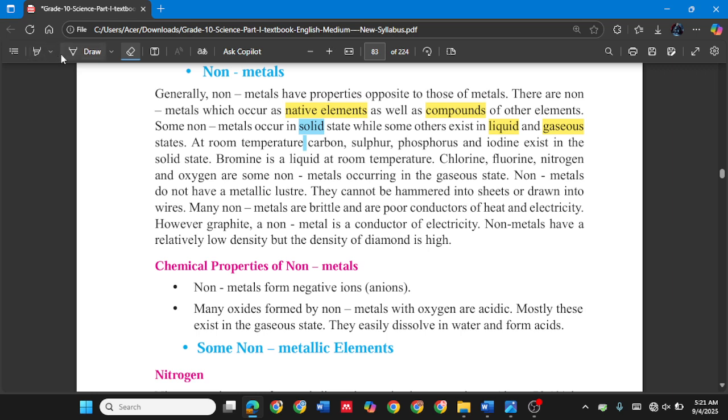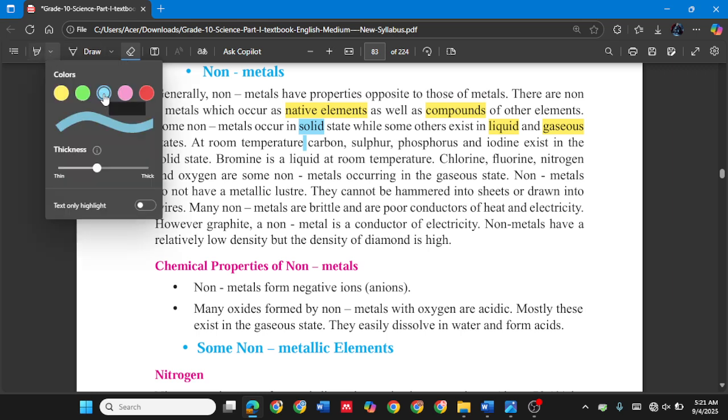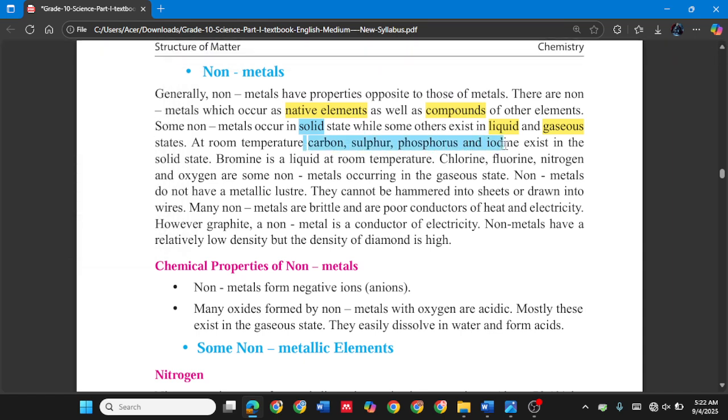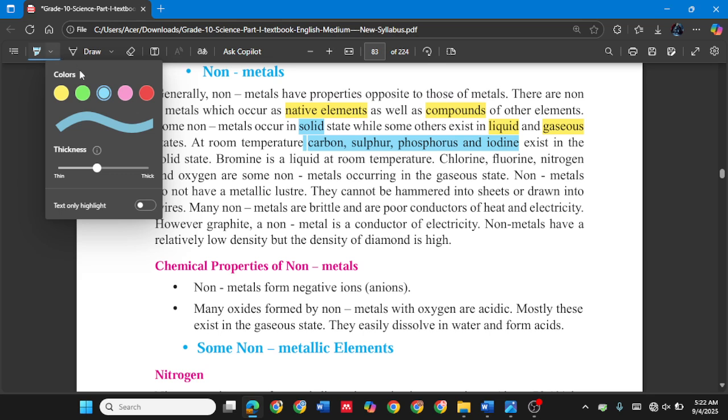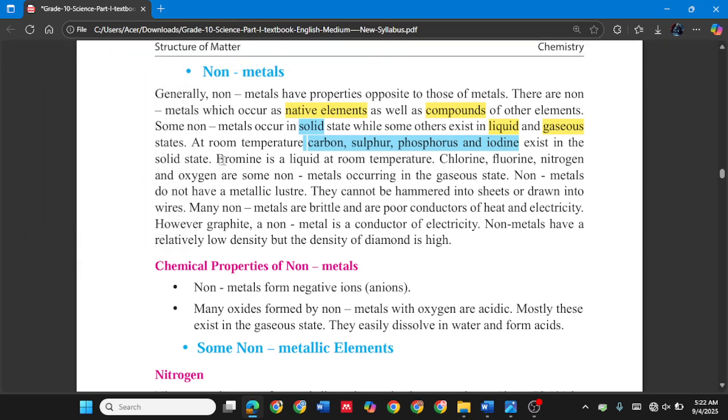I'm going to highlight the solid nonmetals from carbon to iodine. So bromine is a liquid at room temperature.